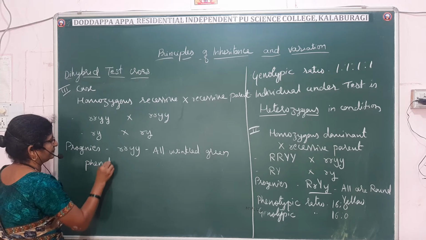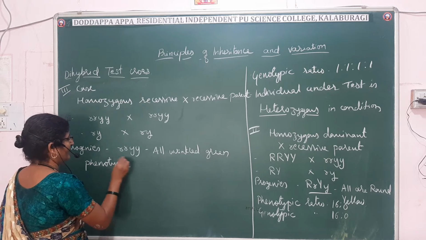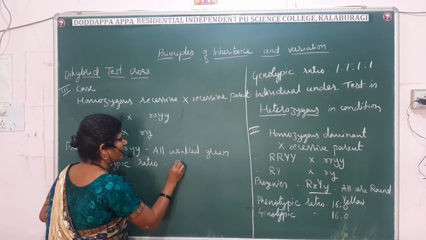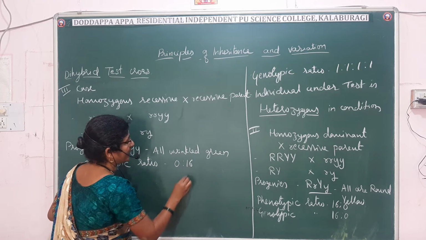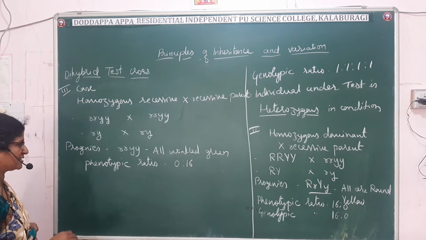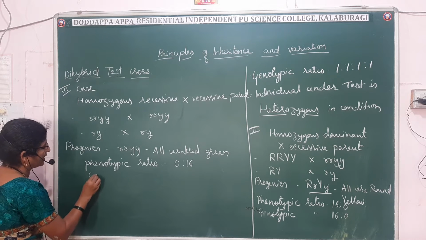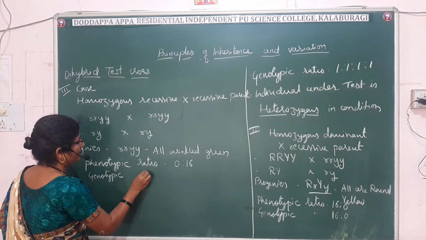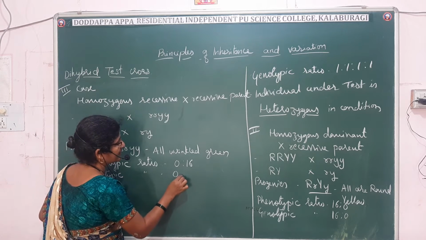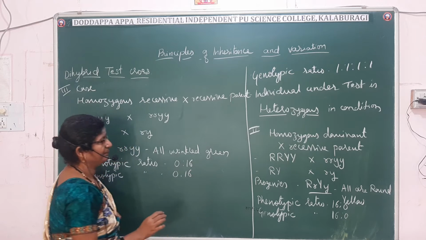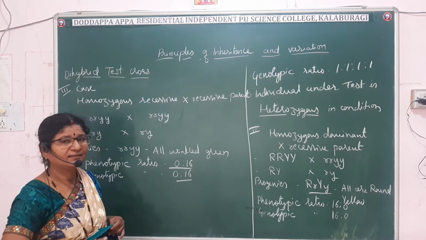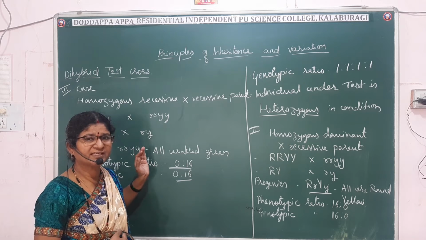Phenotypic ratio: you are not going to get any dominant character. 0:16 you will get, and genotypic ratio also 0:16.